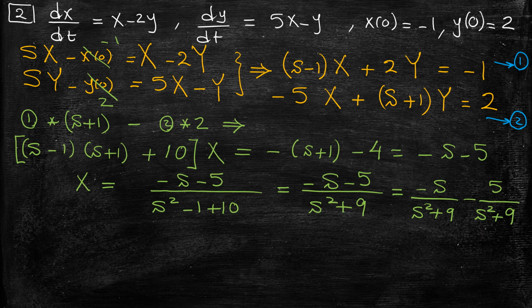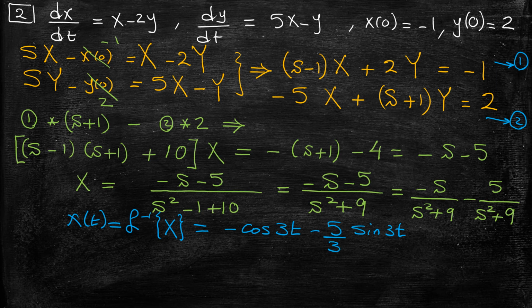This is very straightforward, so x of t is the Laplace inverse of this X. The first one is from the table, very straightforward, minus cosine 3t. The other one, again from the table, is sine 3t, but we should have the 3 in the numerator, so I will divide by 3, and then this is our x of t.